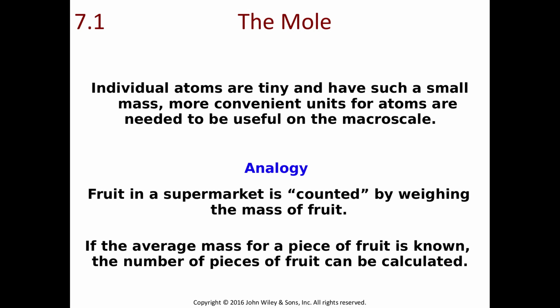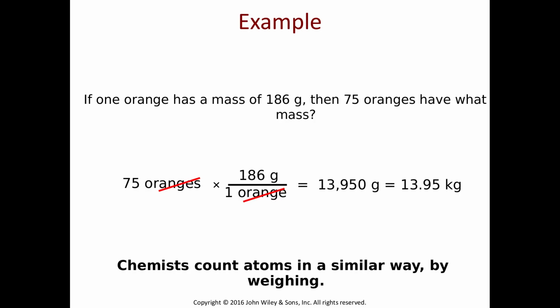If you know the average mass of a piece of fruit, you can calculate the number of pieces of fruit indirectly. Let's look at an example. If you know that an orange has a mass of about 186 grams, what mass do 75 oranges have? 75 oranges times 186 grams is 13.95 kilograms.